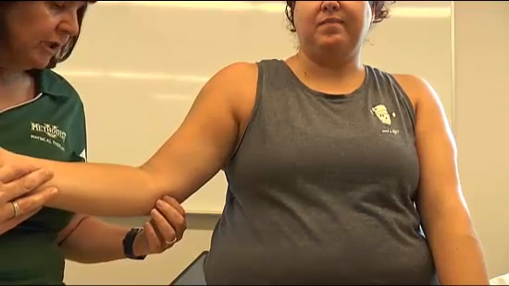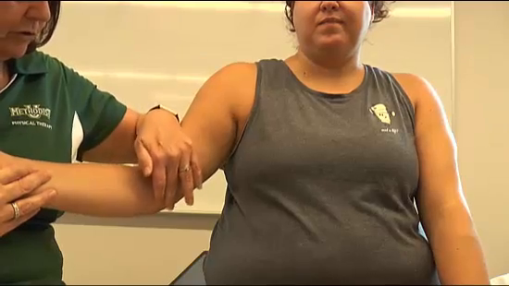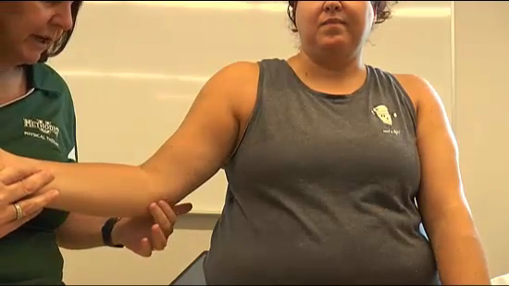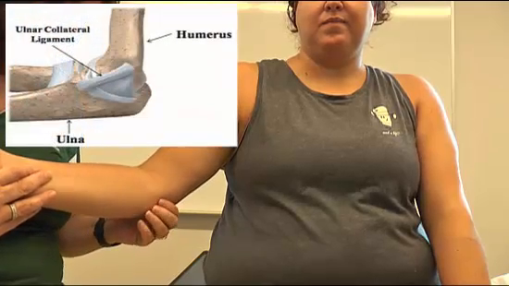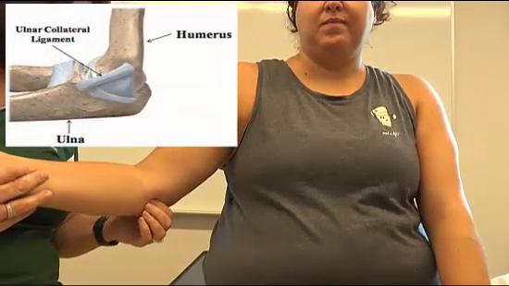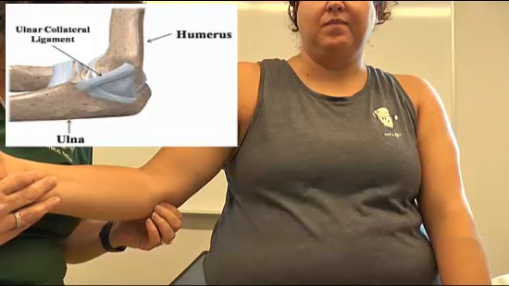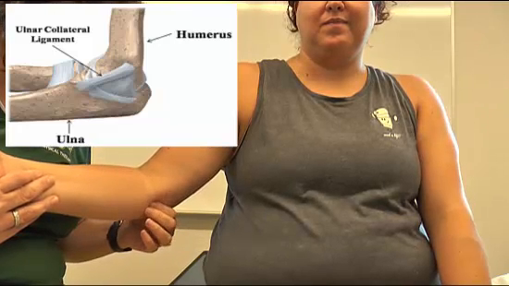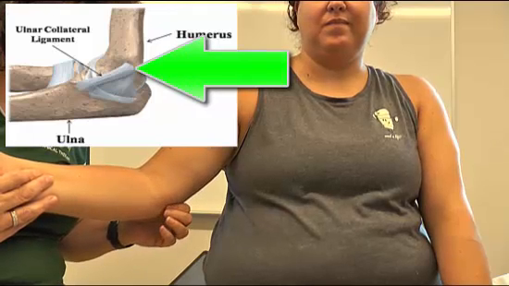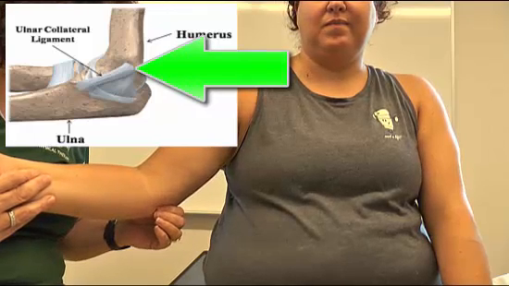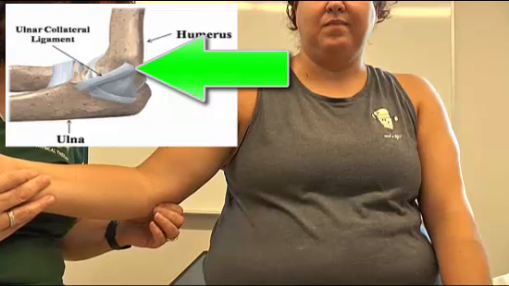The ulnar collateral ligament actually has two different heads that come together and form a common ligament down to the ulna. The anterior portion is directed obliquely forward, and it is attached to the front part of the medial epicondyle.